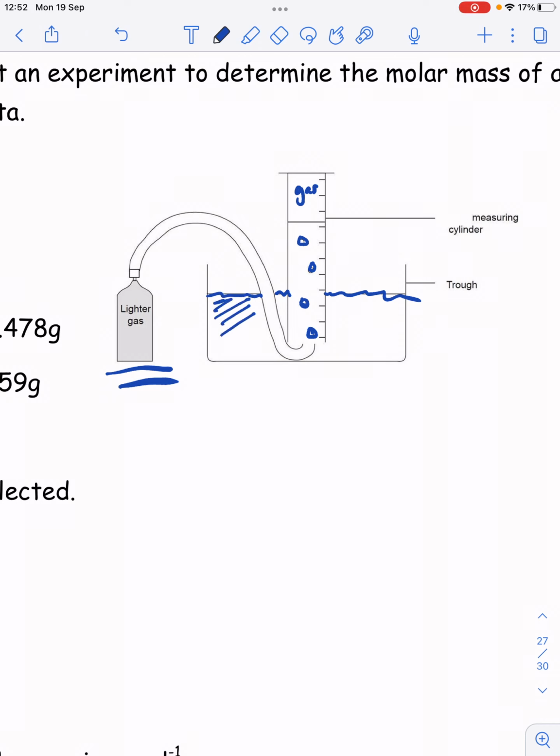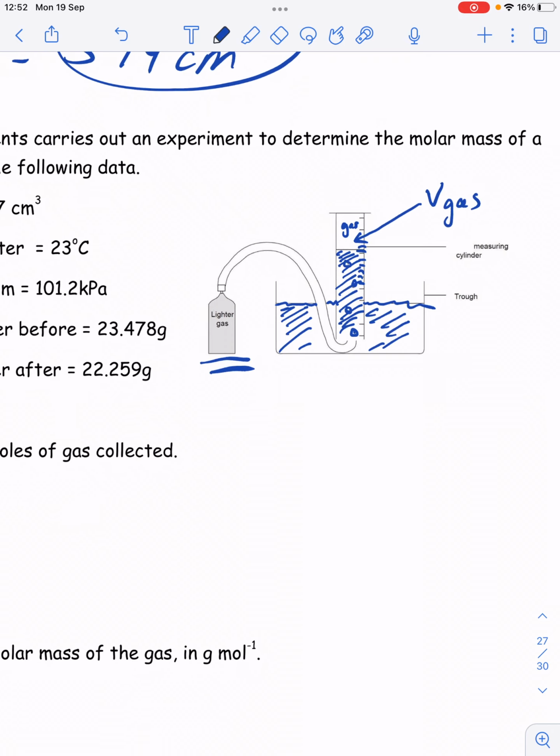So you're doing this in water, and the cylinder starts out being full of water also. And so the gas will bubble up and it will push the water out. And so then here you end up with your volume of gas. So you can measure it with the cylinder markings, so you know exactly the volume of gas that you'll have.